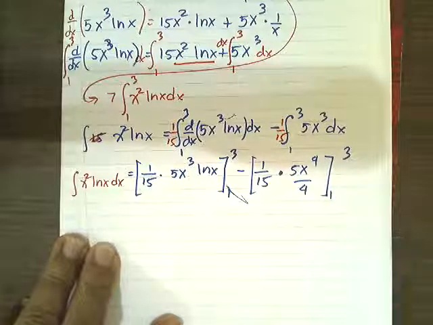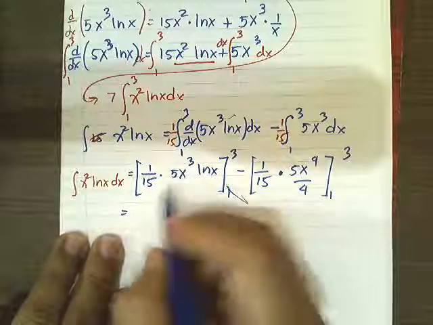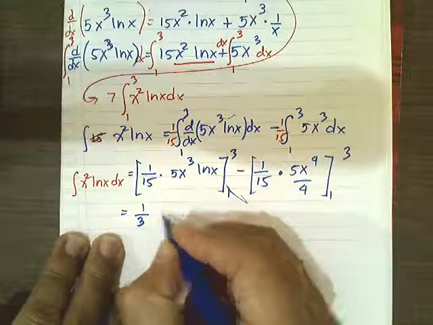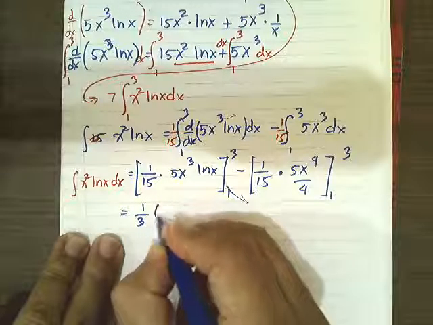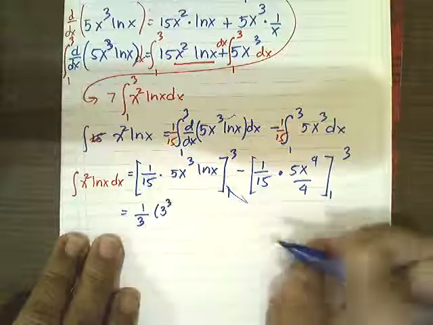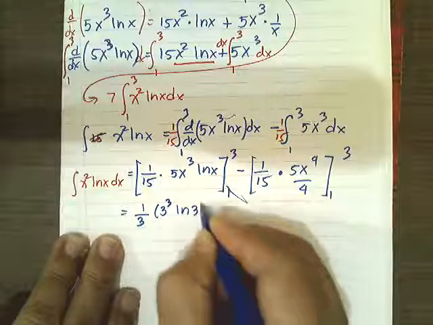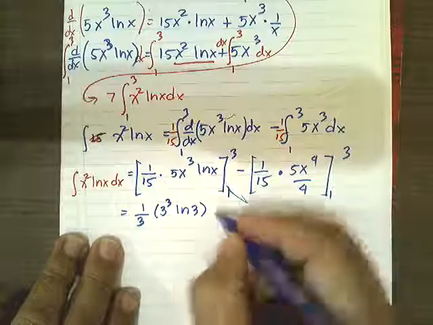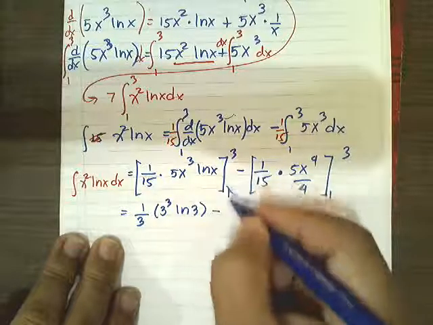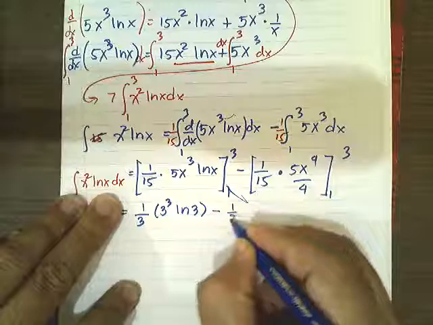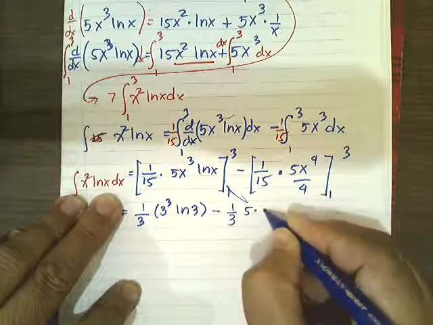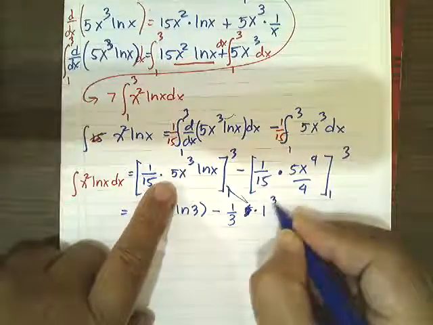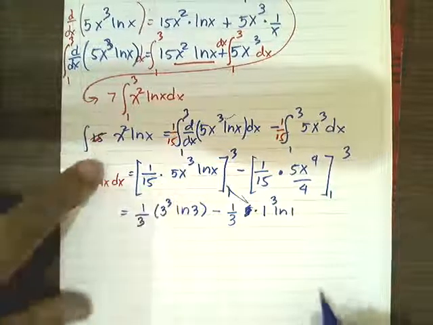So let's try to evaluate the integral now. 1 over 15 times 5 is 1/3. Then you plug in: that is 1/3 of 3 cubed times the natural logarithm of 3, minus 1/3 of 1 cubed times the natural logarithm of 1.